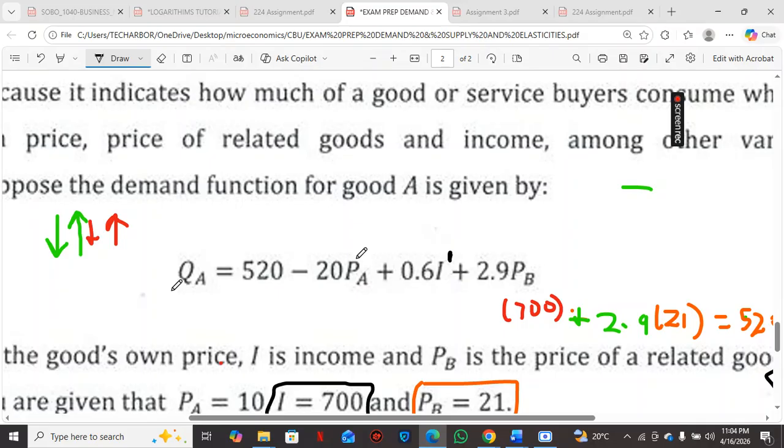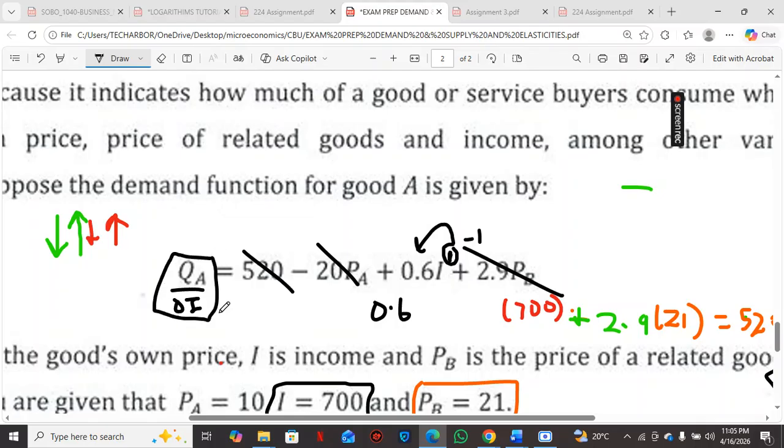We're deriving this function with respect to I, meaning if a number doesn't have an I, it disappears. So you multiply the exponent times the number in front of the letter. 1 times 0.6, you get 0.6. 1 minus 1, that is 0. Okay, so when we derive our demand function with respect to I, we get 0.6.